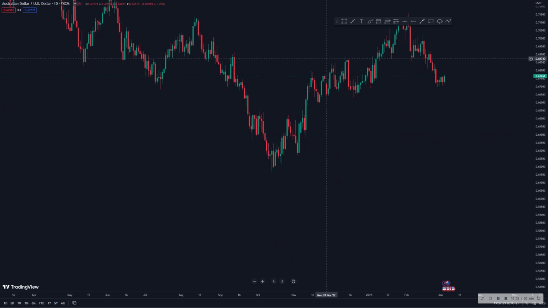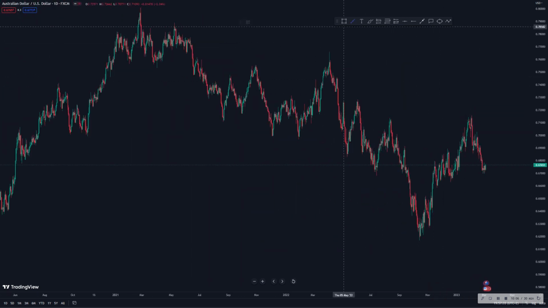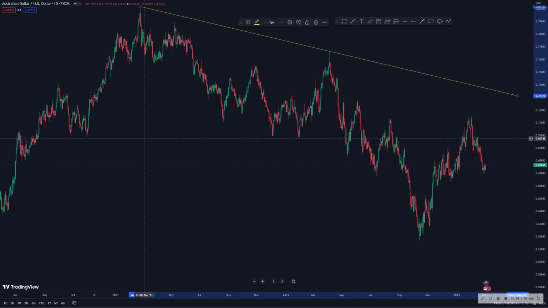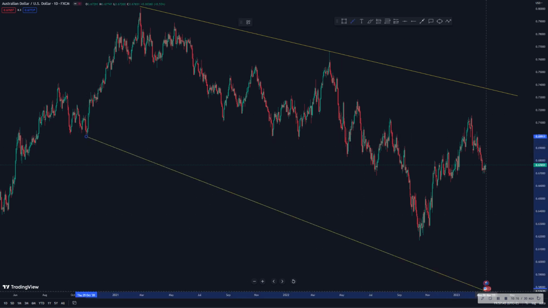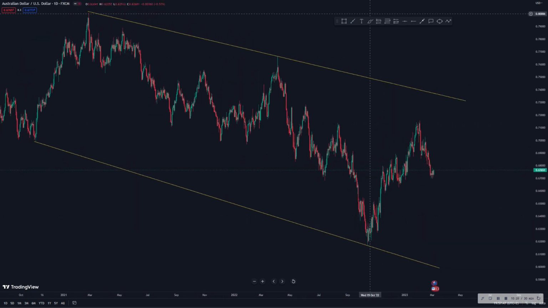So looking at this pair AUD, what do we see? We see an overall channel as well, starting from that top right there, right? We have an overall bearish channel as seen here. From these buys here, we've been bullish, right?